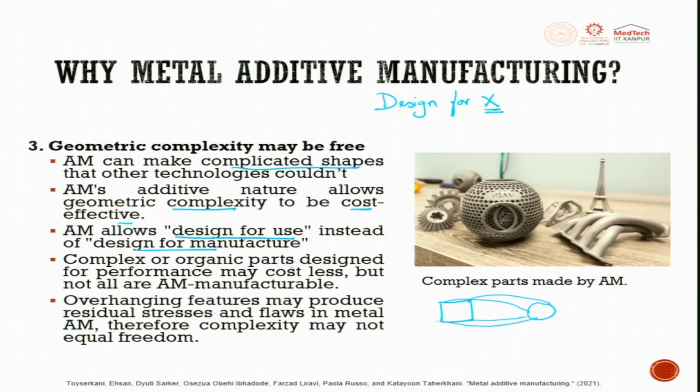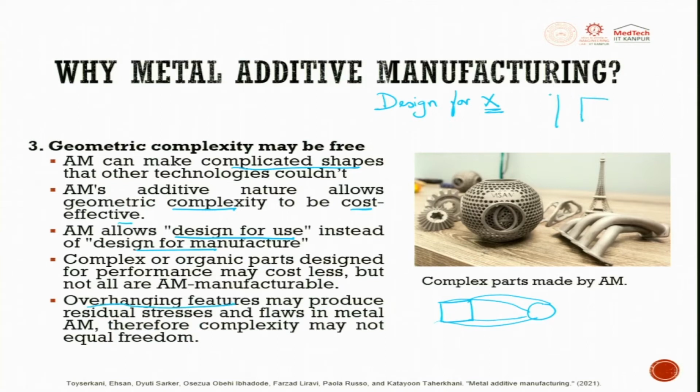Complex and organic part design for performance may cost less, but not all are AM manufacturable. Overhanging features may produce residual stresses and flaws in metal AM. Therefore, complexity may not equal freedom. So when we are involving overhanging features, what are overhanging features?